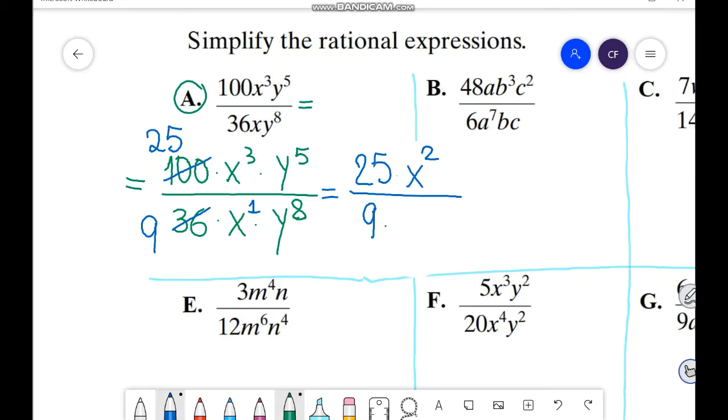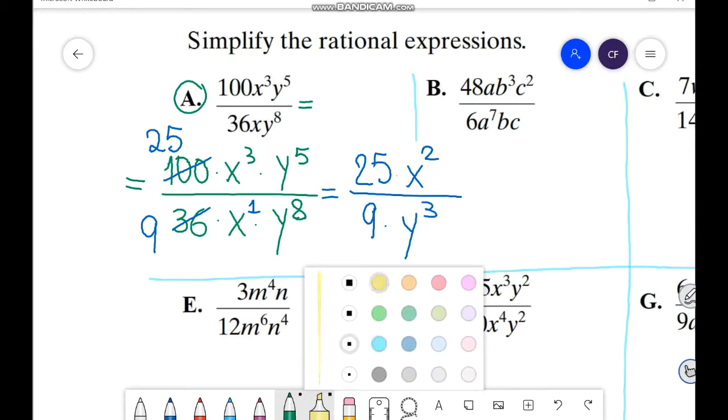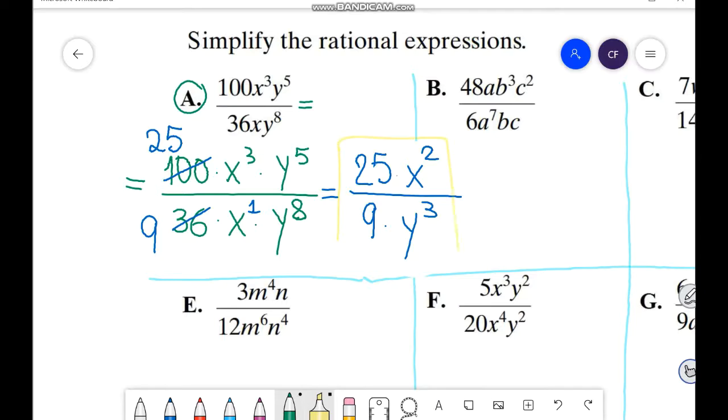Now let's check y. Y exponent 8 on the denominator is higher than y exponent 5 on the numerator. So we keep the one on the denominator, and you're going to subtract the exponents. 8 minus 5, 3. And that's it. This is how I find the answer. This is the answer for letter A.